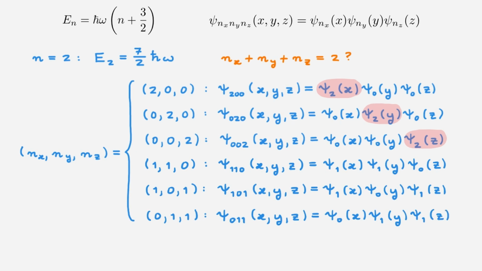This situation is qualitatively different, as now there is an excitation along 2 different directions, in the first case along x and y, in the second along x and z, and in the third along y and z. All of these lead to the same energy E2 up here. And this means that the second excited state of the isotropic 3-dimensional quantum harmonic oscillator is 6-fold degenerate, so that G2 is equal to 6.